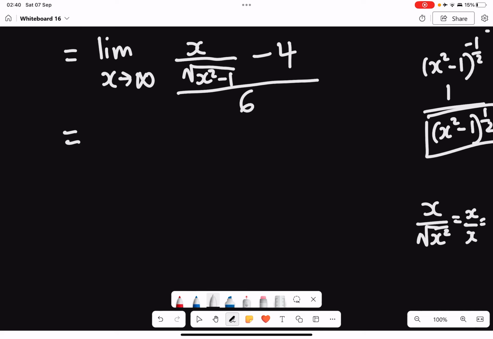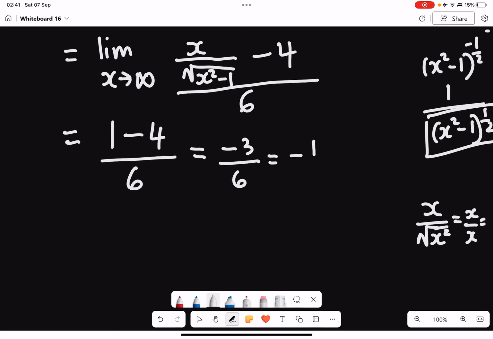So if I substitute infinity, this part ends up as 1, and then we have minus 4 all over 6. This gives us minus 3 over 6, which gives us minus 1 over 2. And that is the answer of the limit above.